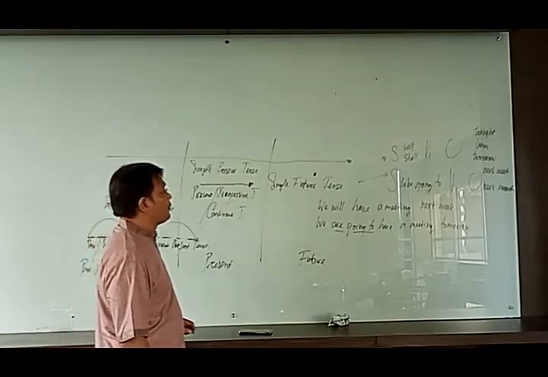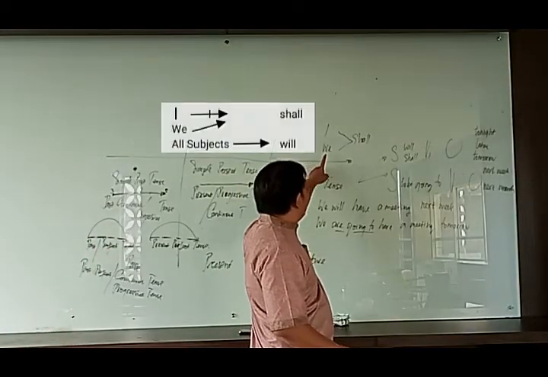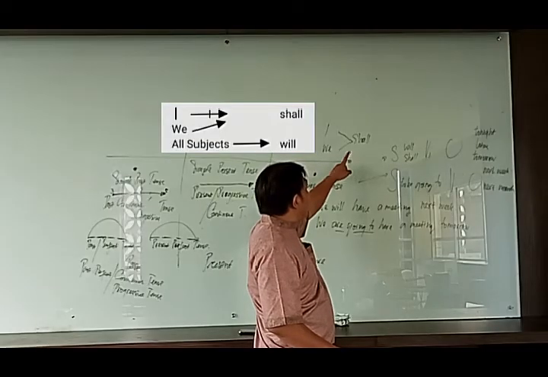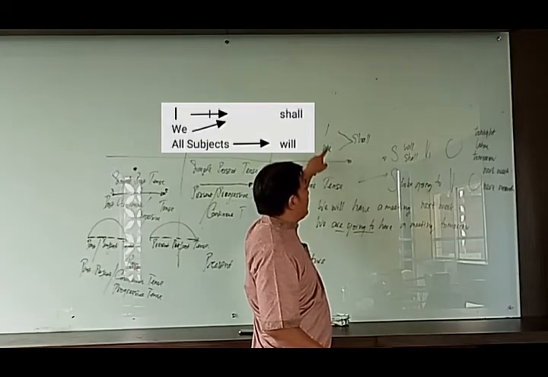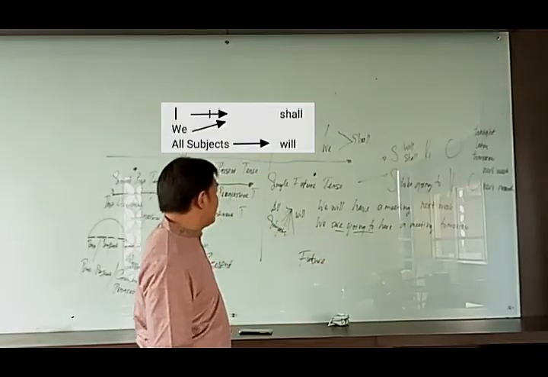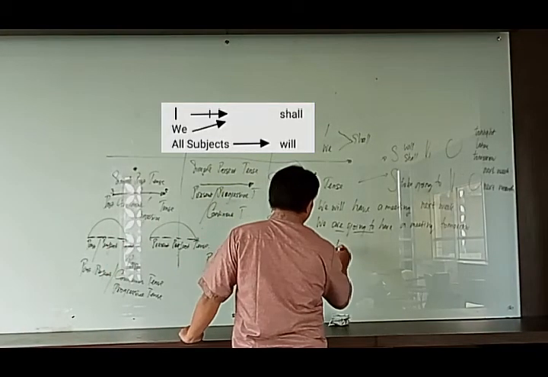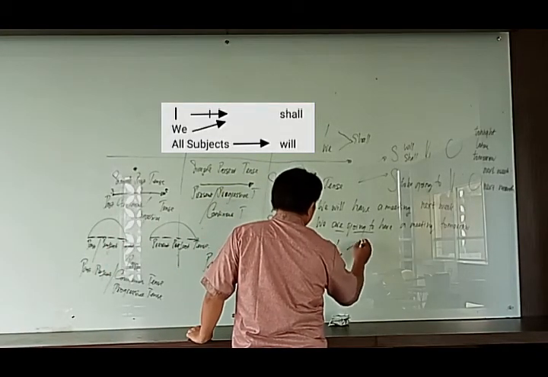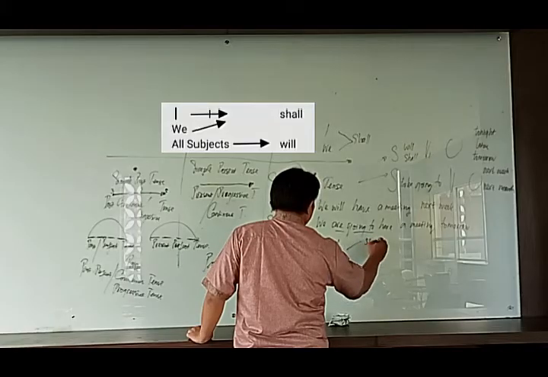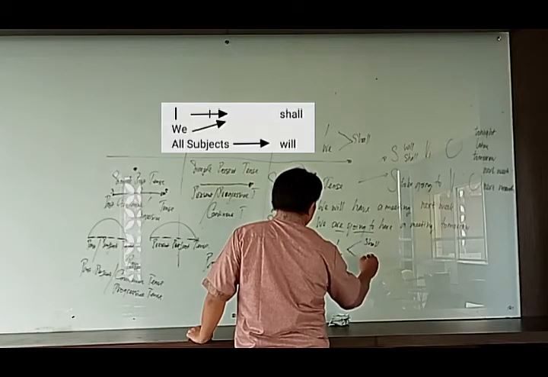Okay? We can use shall and will for the subject I and we. Yeah. So I and we can use shall and will. Okay.